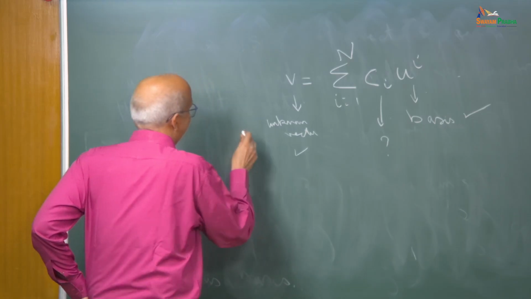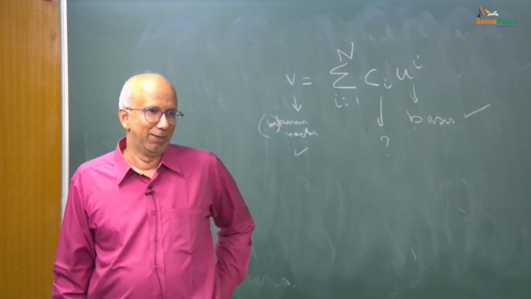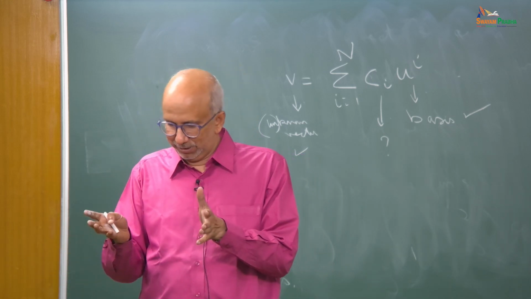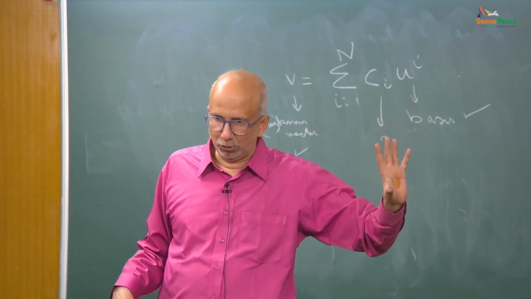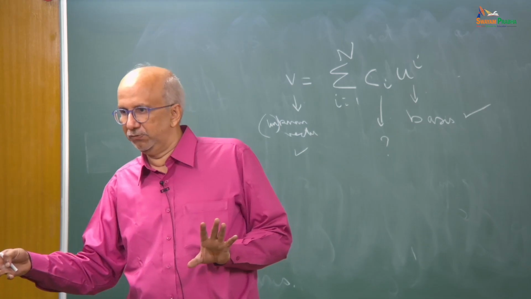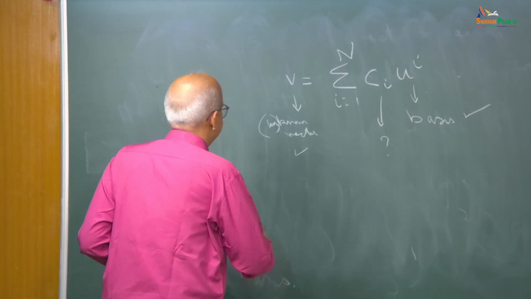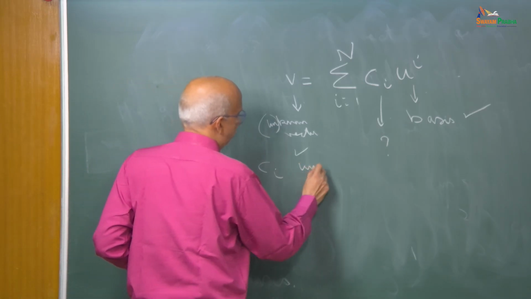Basically, in R3 you give me 3 vectors, that is the basis, and I take a 4th vector which is known, but I am writing it in terms of these 3. Is the Ci unique?